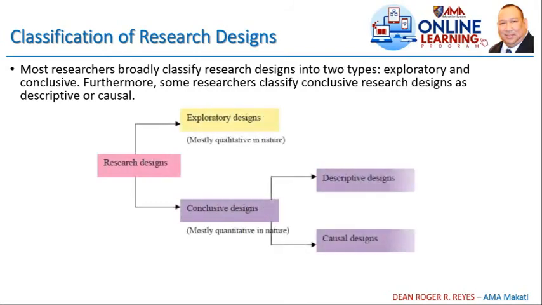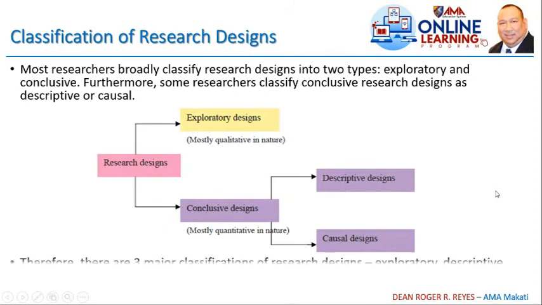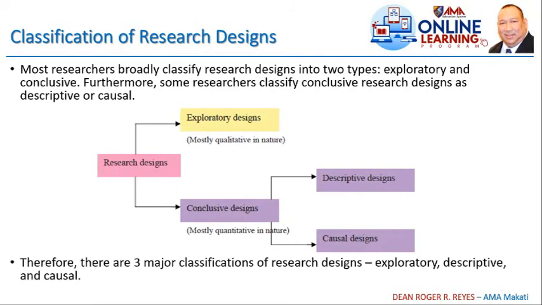So here is to illustrate, research design can be exploratory, mostly qualitative in nature, or conclusive design, mostly quantitative in nature. And further, the conclusive designs can be descriptive designs and causal design. Therefore, there are three major classifications of research design: exploratory, descriptive, and causal.